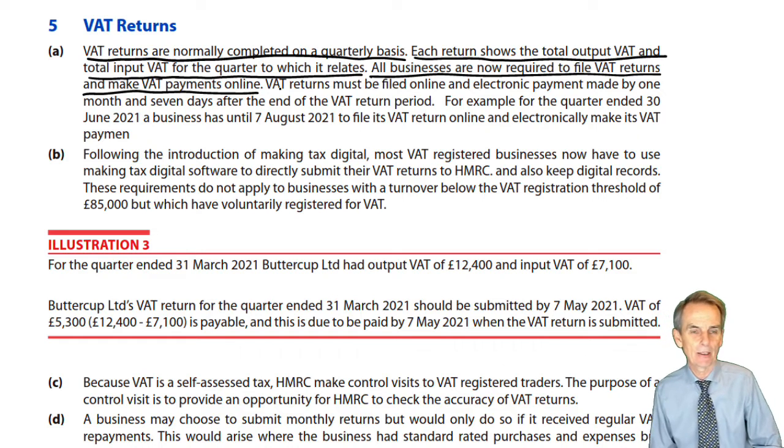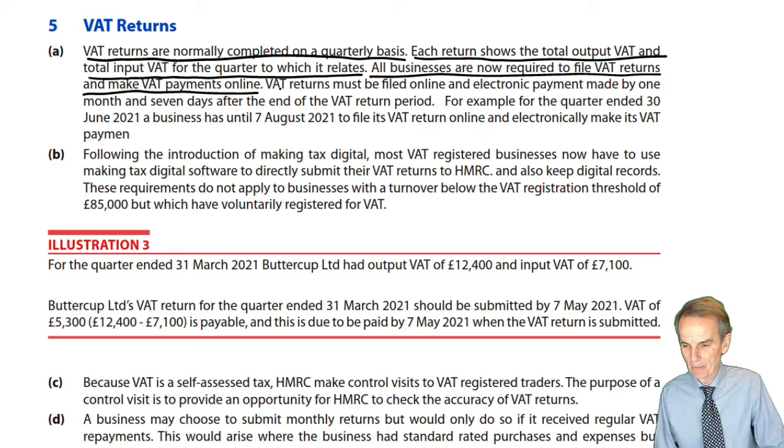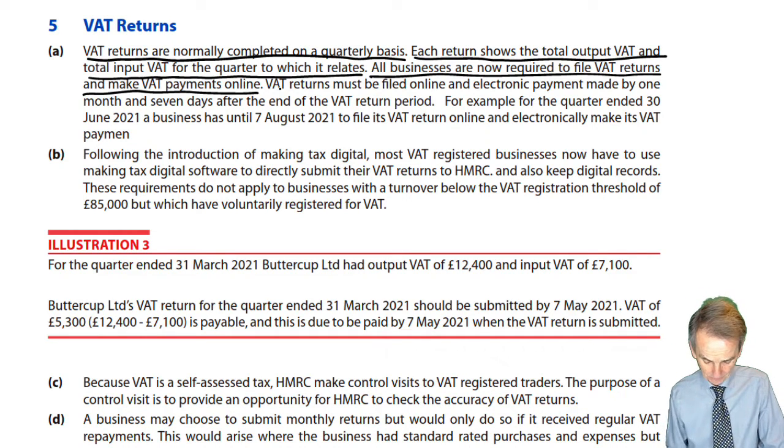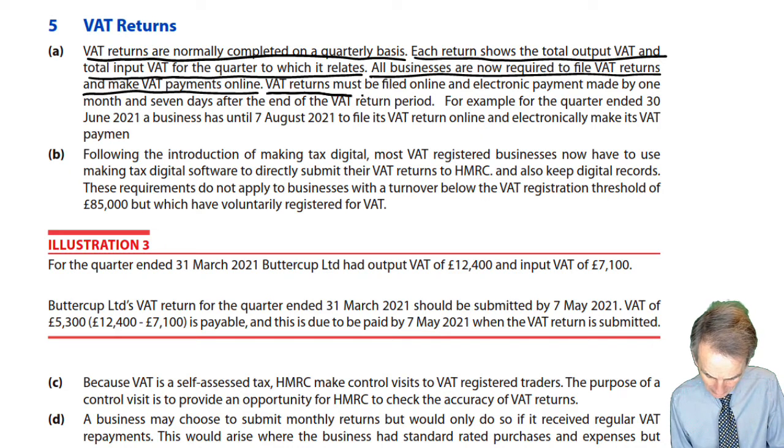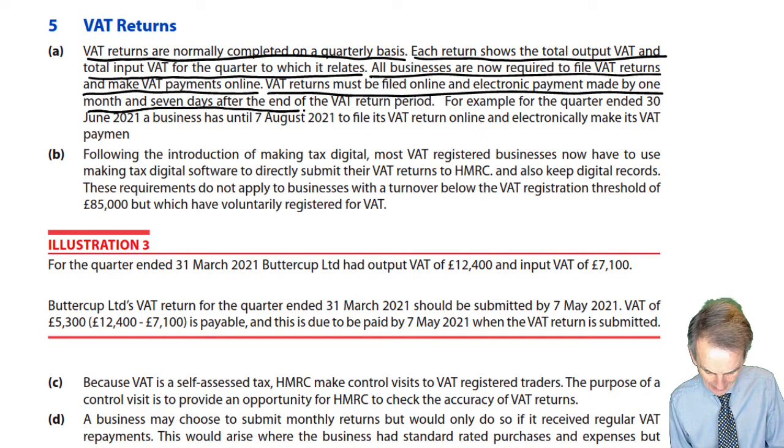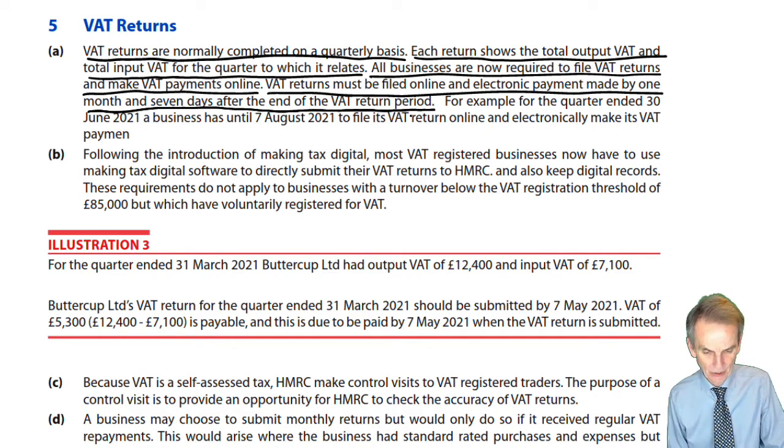It is a bright new digital world in which we live, and more about Making Tax Digital in a moment. VAT returns, therefore, must be filed online and electronic payment made by 1 month and 7 days after the end of the VAT return period.